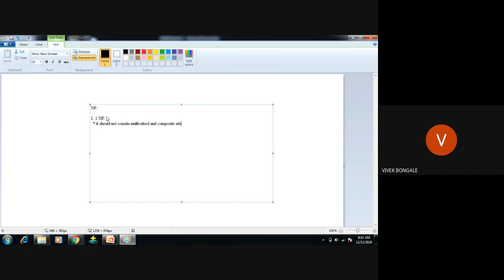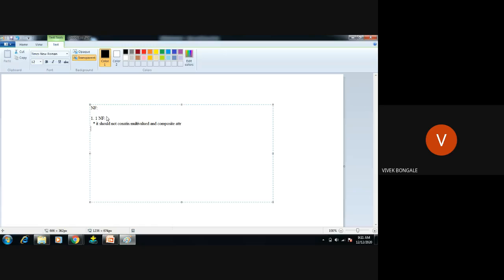We have to see that the attribute name is unique in the table. The same attribute name, phone number, we can't repeat multiple times on the table. The attribute name should be unique. That is what first normal form says.